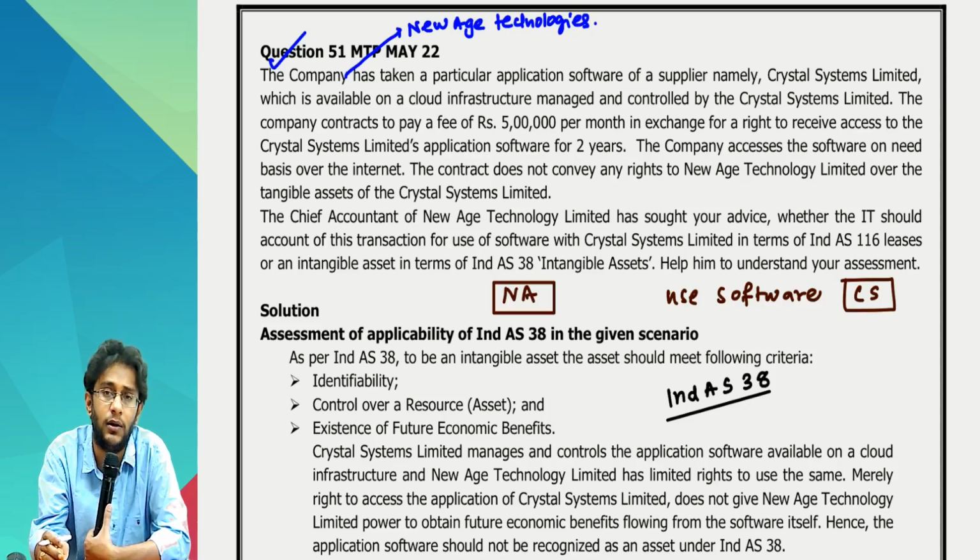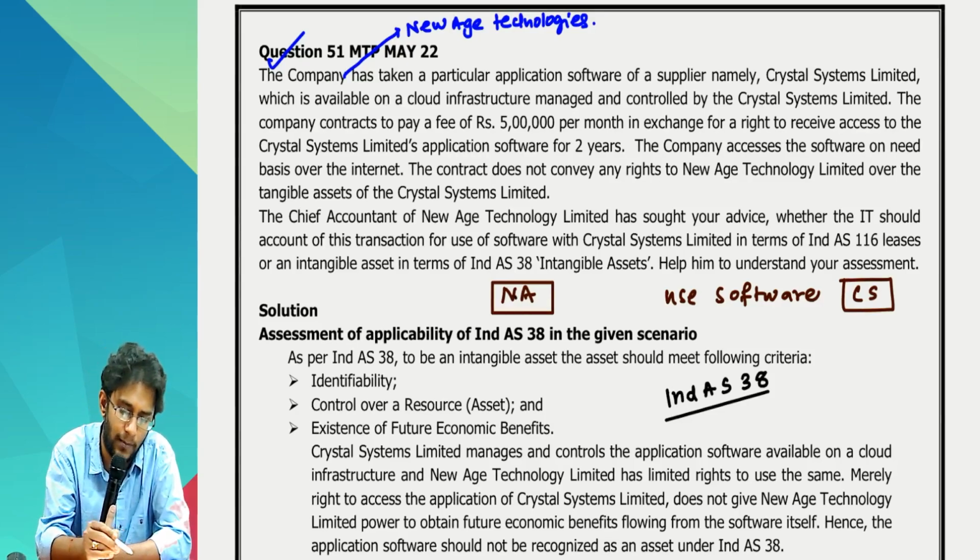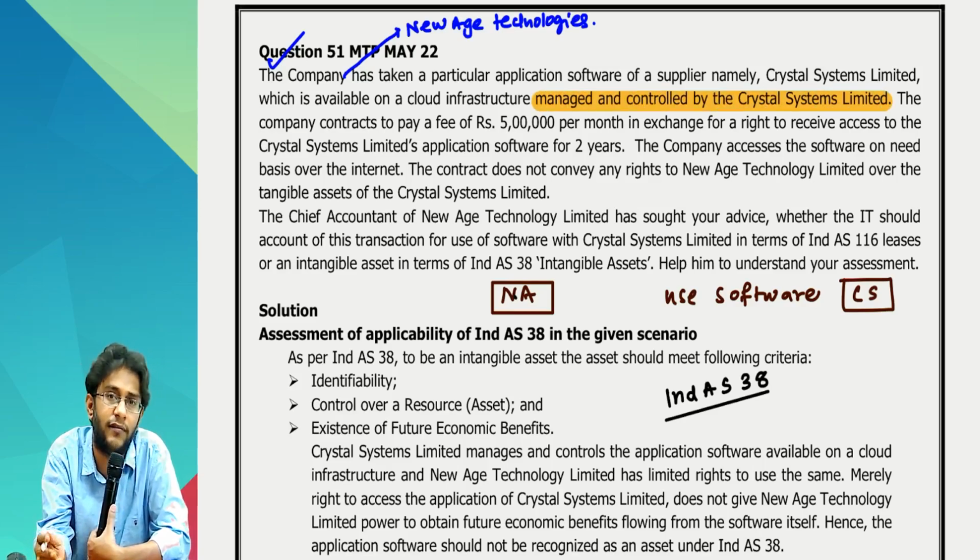And next, you should be in a position to control the asset. Here very clearly New Age Limited cannot control this asset, because the question is amply clear that it is managed and controlled by Crystal Systems Limited. When you do not have power to control a resource, how can you call it your intangible asset? You cannot call it your intangible asset.